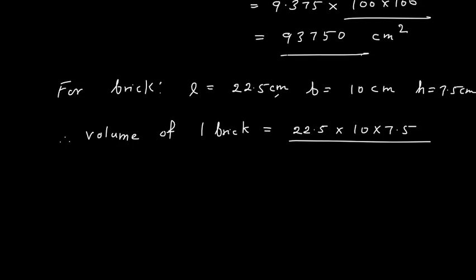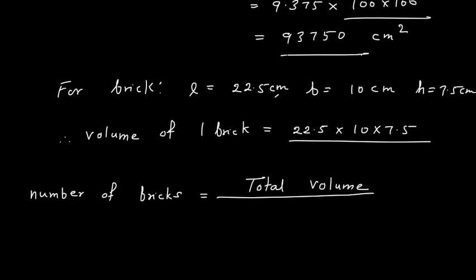Now total volume is number of bricks into volume of one brick, or I will say that number of bricks is equals to total volume divided by volume of one brick.